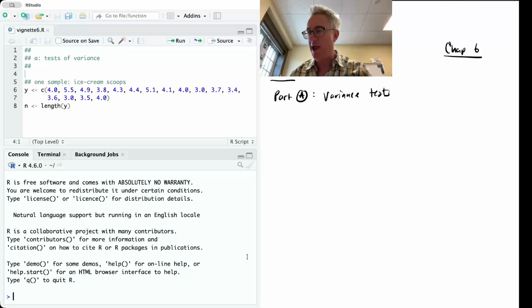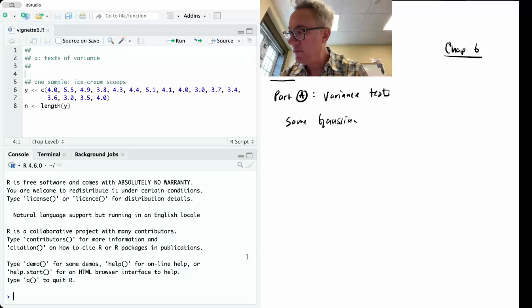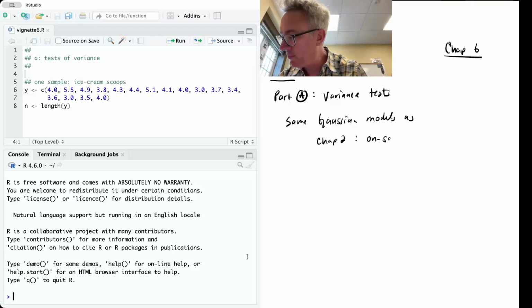Here we are in part A. So we're going to have the same Gaussian models as in chapter 2, which is for one sample, and in chapter 5 we had Gaussian models for two samples.